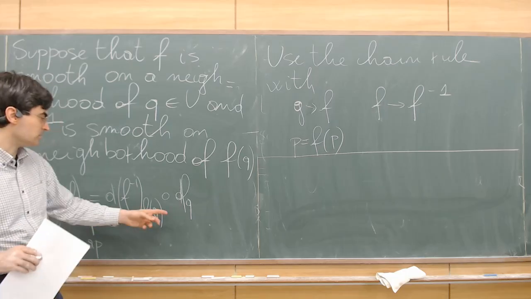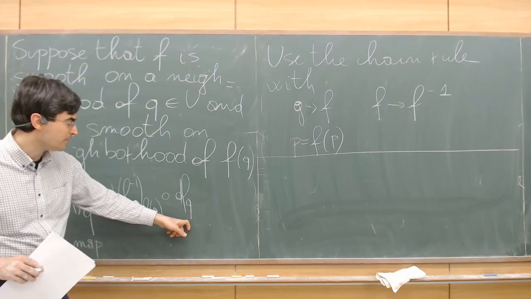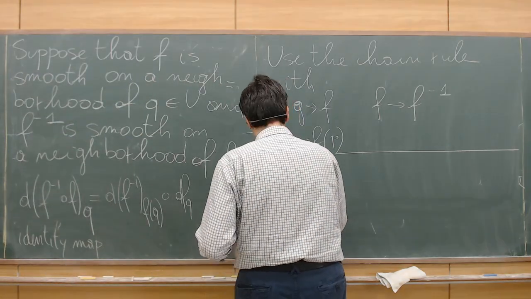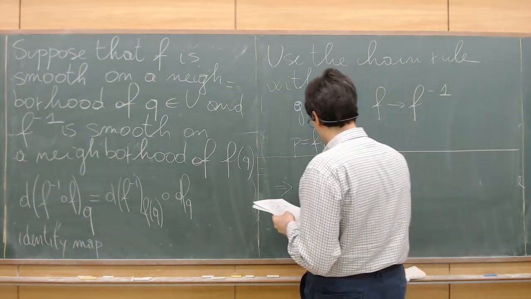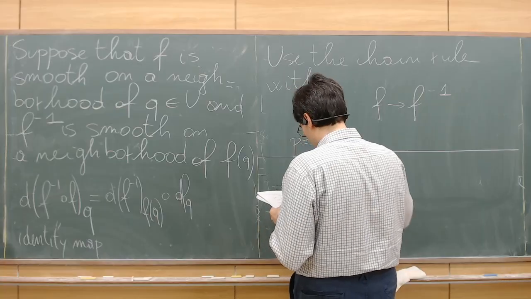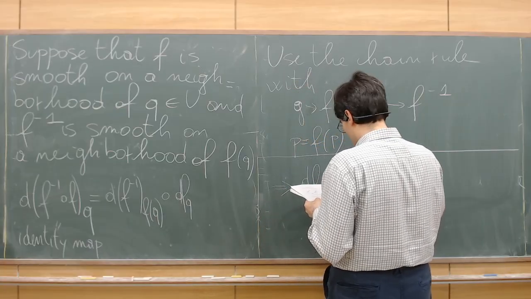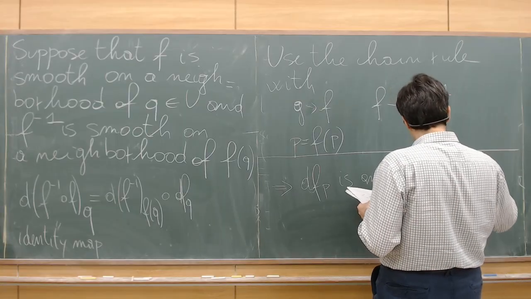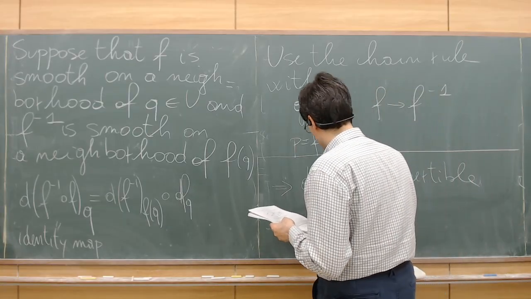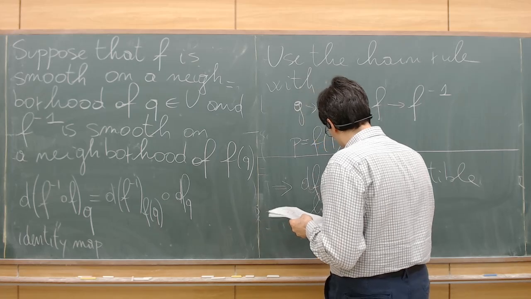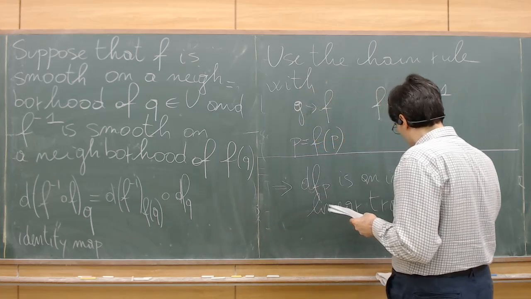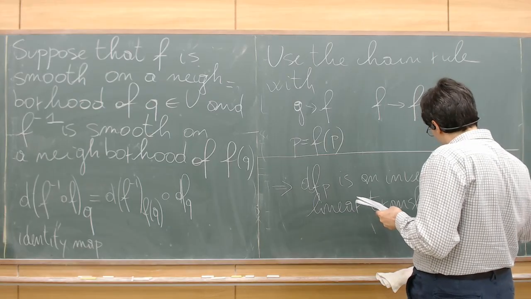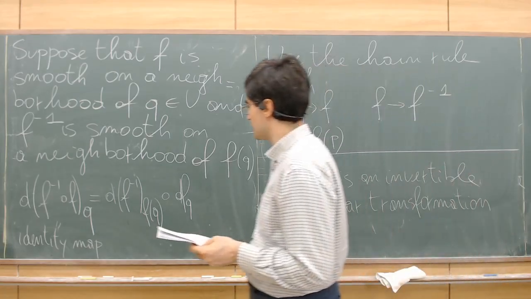We have that the composition of these two linear maps is the identity, which implies dF_Q is an invertible linear transformation and its inverse is exactly this one.